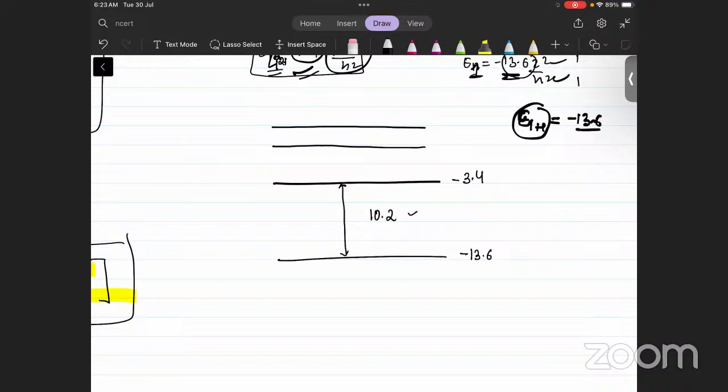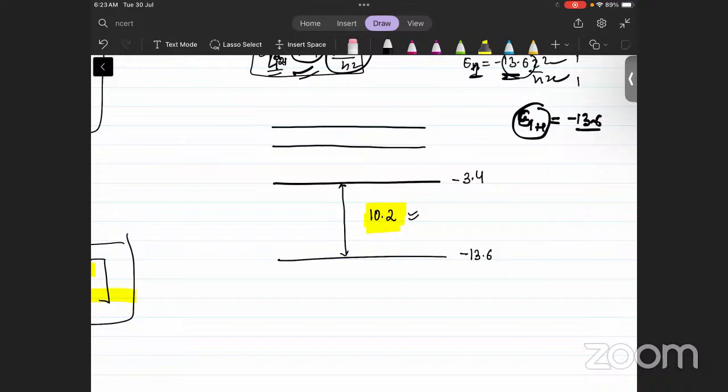This at least you must remember, if not the others. They can give it to you in any form: the difference in energy between the electron in the second orbit and the first orbit, or the ground state and the first excited state. You must know what they are trying to say.